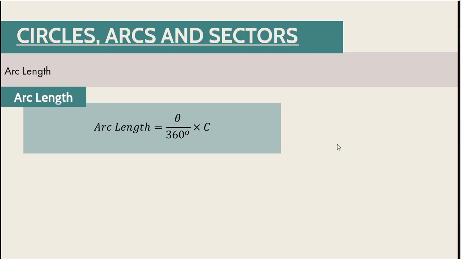Assume that the arc has the measure of theta degrees. We multiply it with the circumference of the circle, and then we divide it by 360 degrees. Like this, theta divided by 360 degrees multiplied by the circumference of the full circle.